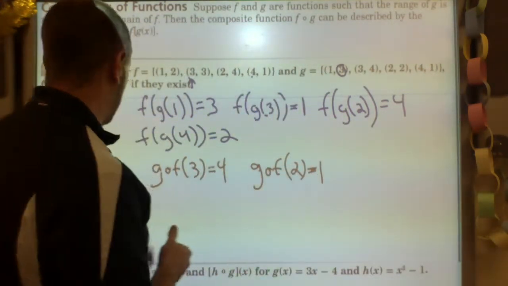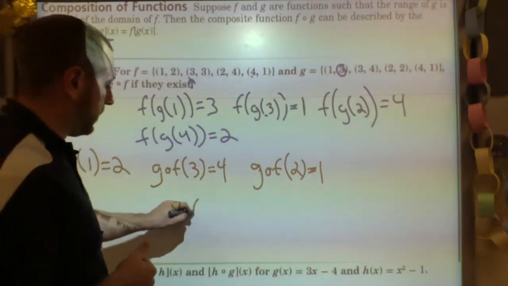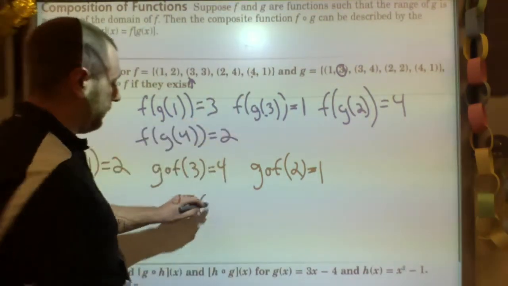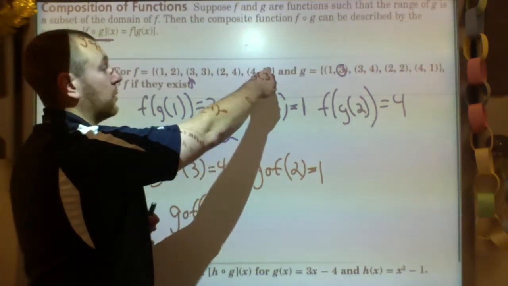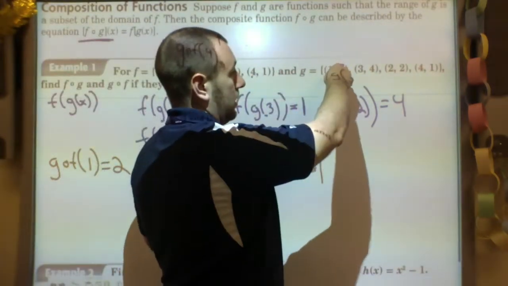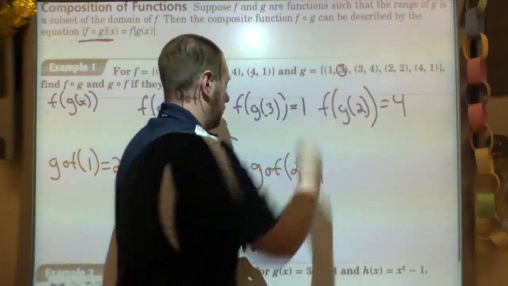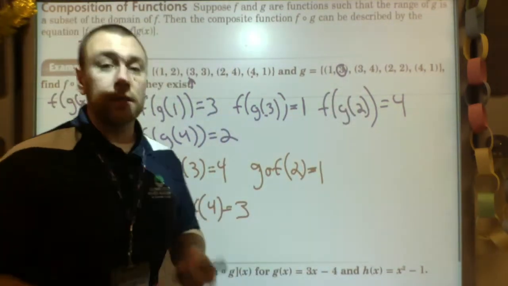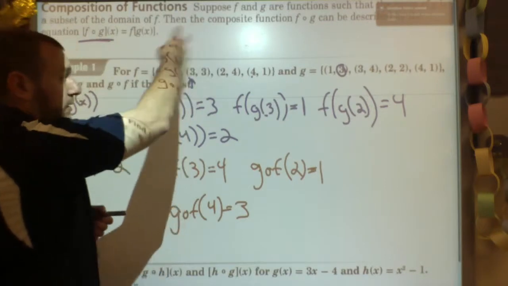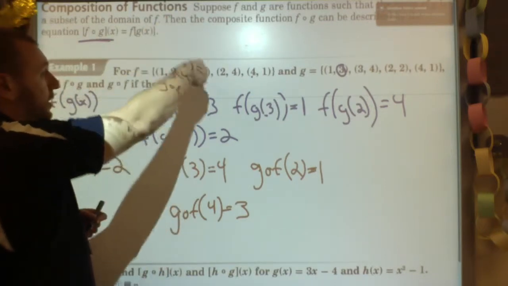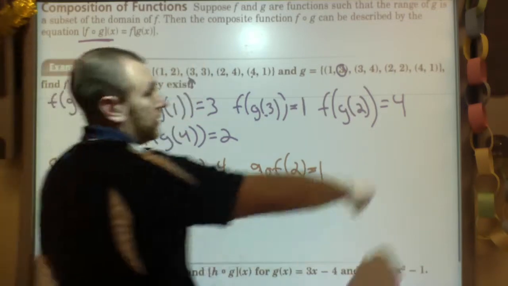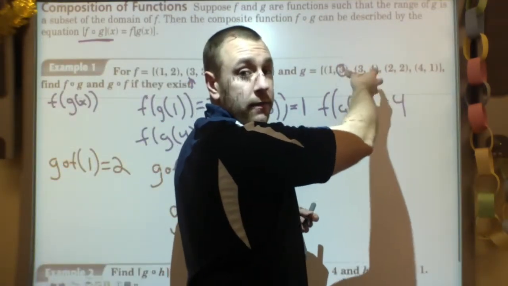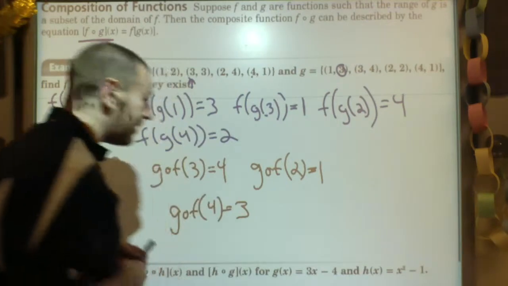And my g of f of 4. So 4 is my x, it goes to 1 as my y. 1 as my x in my g function goes to 3. So all I'm doing is taking my x's in here, I find what y value it has, I take my y value and I plug it in as my x over here and I figure out what that y is.